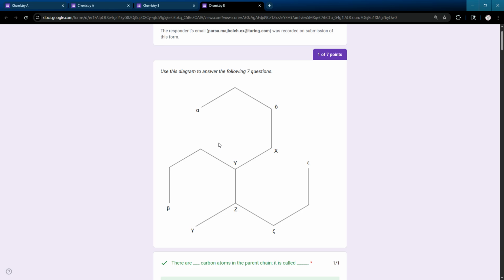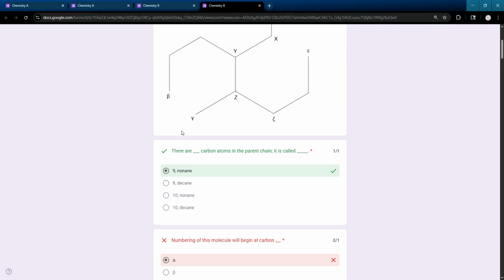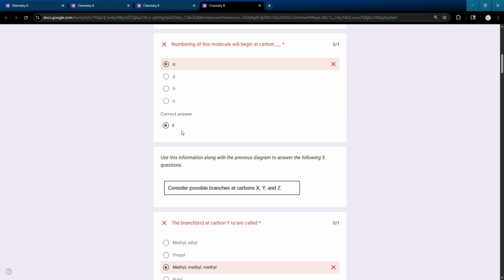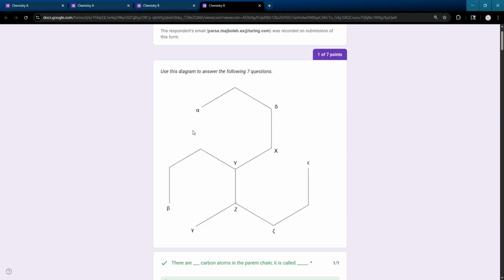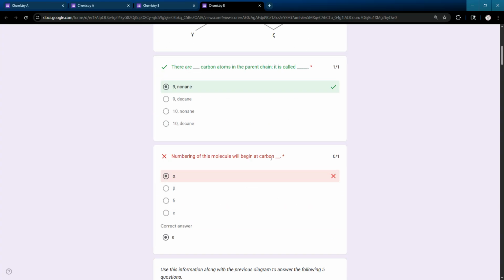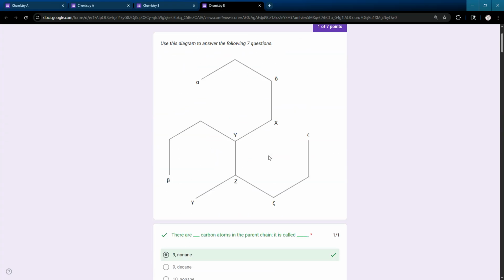I happened to use Khan Academy once, and that website was a lot more helpful. Overall, I don't think Google study helped too much in terms of going from chemistry A to chemistry B exam. I did not learn too much on Google.